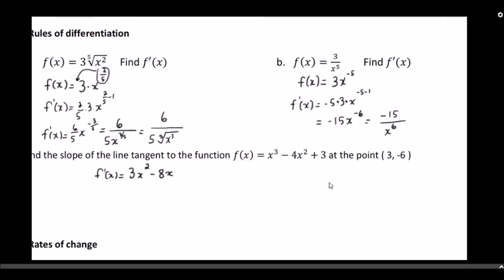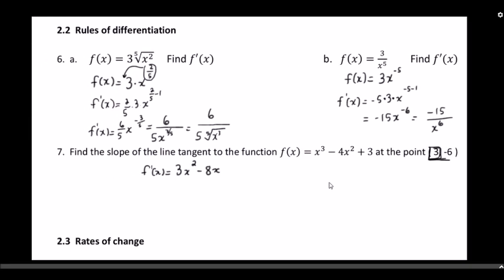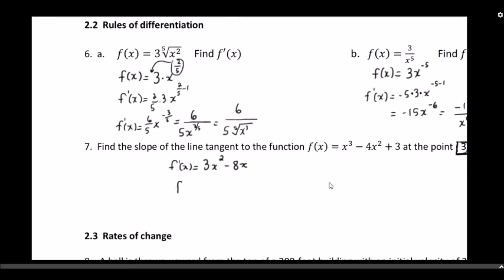Now we need to find the slope of the line tangent to the function at the point (3, -6). Particularly, we need the x value because our derivative is in terms of x only, 3x squared minus 8x. So we can only plug in the x value. So f prime of 3 is equal to 3 times 3 squared minus 8 times 3.